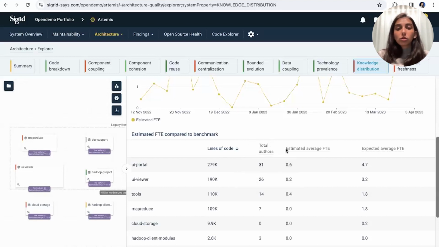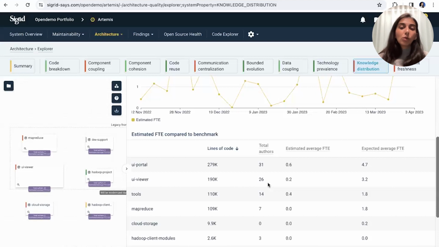And then there is also total authors, and this is also a question that is very frequently asked: what does total authors mean? In this case, let's take UI viewer again. There are 26 authors, which means this is the pure head count. It could be that there is one single person who made just one commit and never committed again.